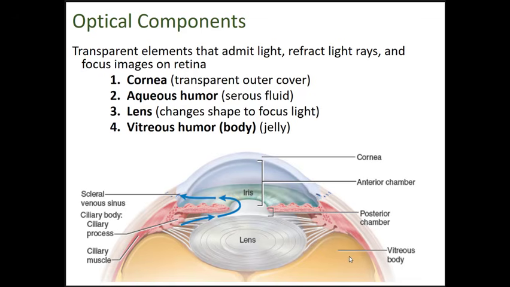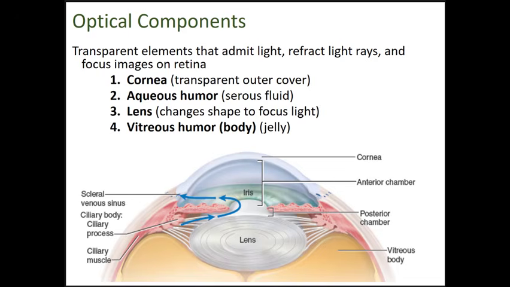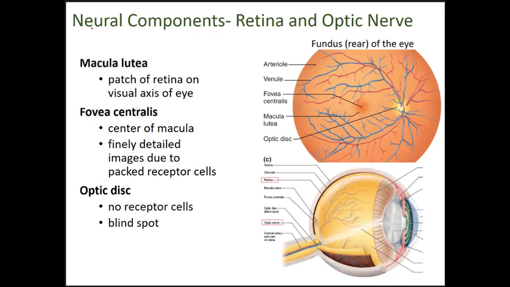It has multiple functions, but what it really does, all of this jelly fluid that's found behind the lens of the eye, once again, all through here, is allow your eye to maintain its spherical shape, keeping it round, because of all that jelly that keeps it in a round spherical shape.